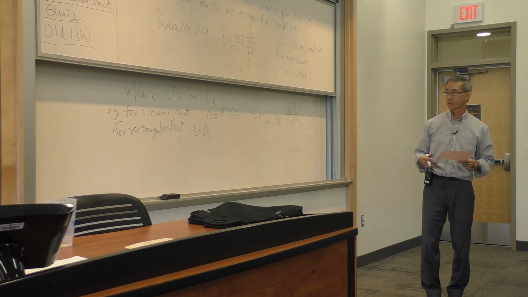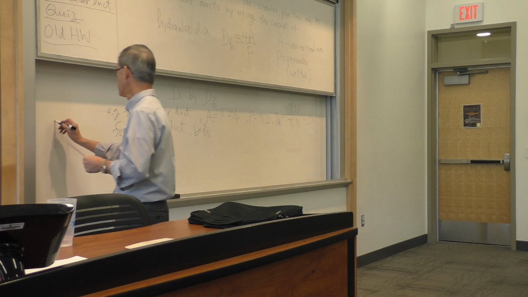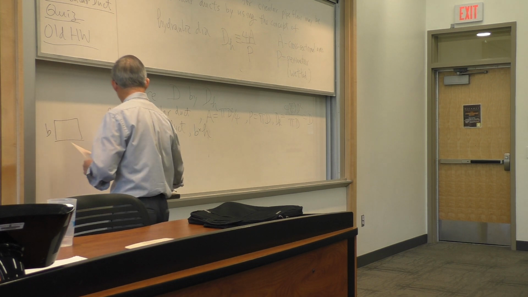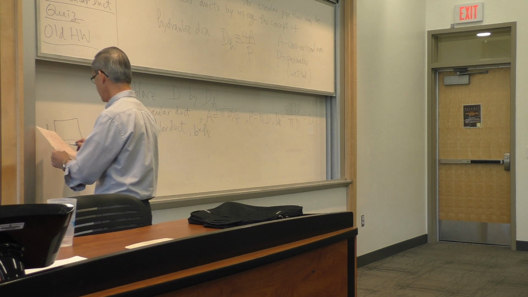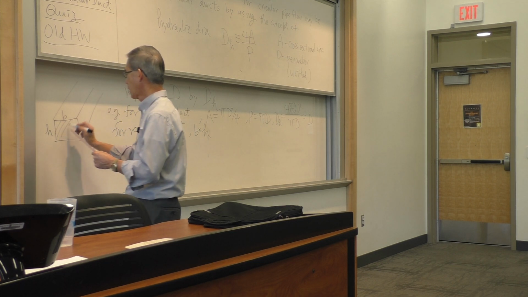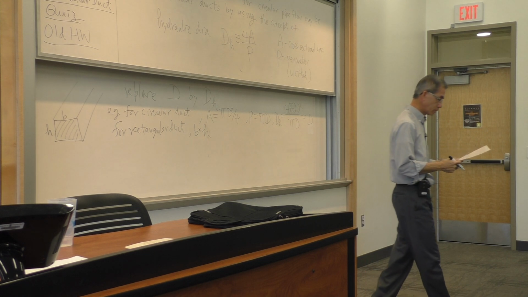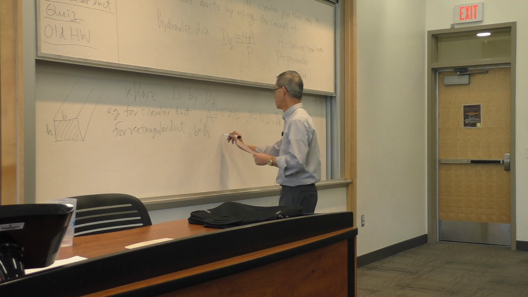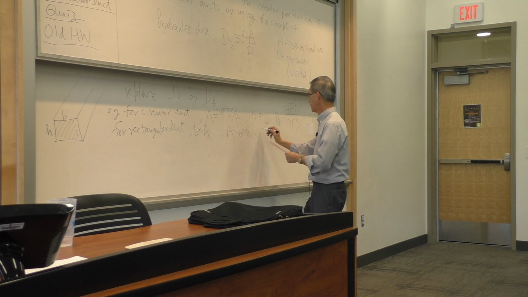So a rectangular duct of size B times H, B being the width and H being the height. So that's the cross-sectional area which we are interested in for a rectangular air conditioning duct. The area is simply the product of the width times the height.